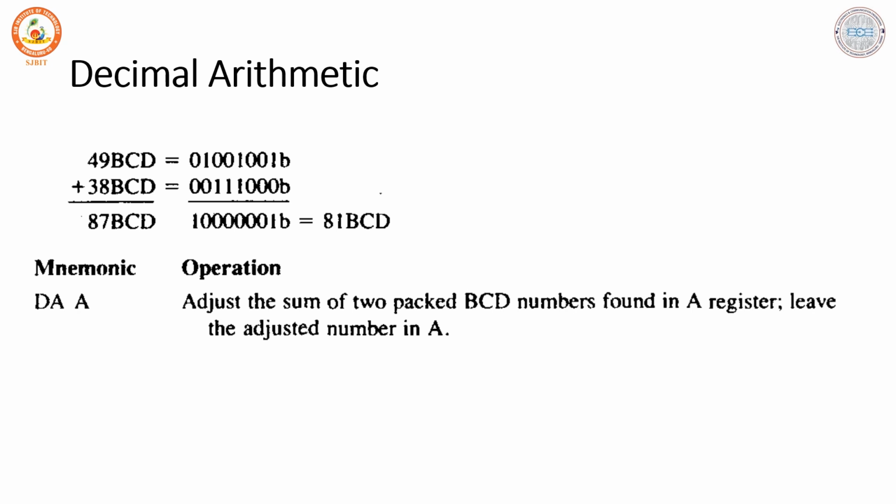Next instruction we have is decimal arithmetic, that is the decimal adjust arithmetic instruction. 8051 performs all the arithmetic with binary numbers, right? Programmers use hexadecimal numbers to write binary numbers in a compact format. But in order to represent decimal numbers in the microcontroller, we may have to use the numbers between 0 to 9.